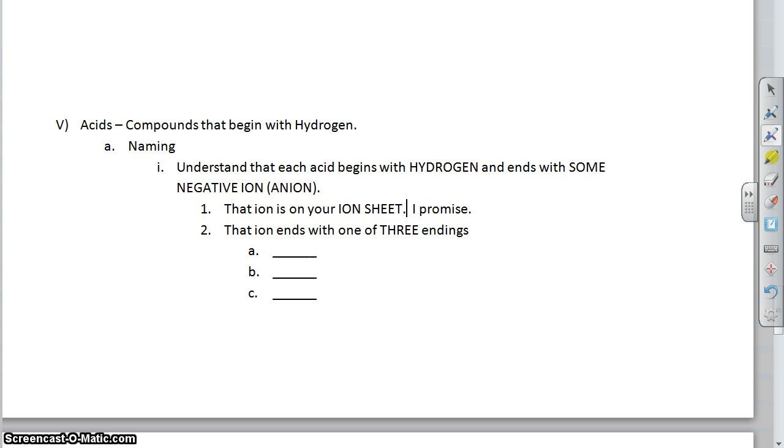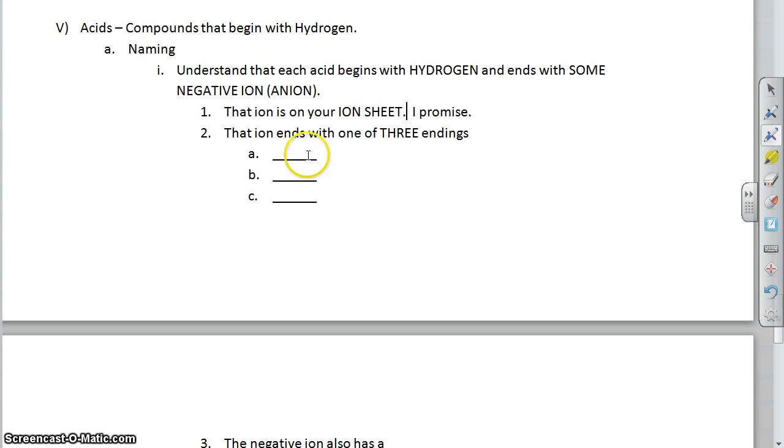I promise I won't give you any that aren't. Those ions always, as we learned before, have one of three possible endings. All negative ions end in either ide, ate, or ite. Every negative ion ends in one of those, and so your first task is to determine which of those three you have.